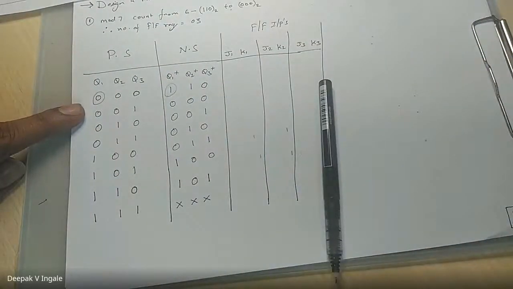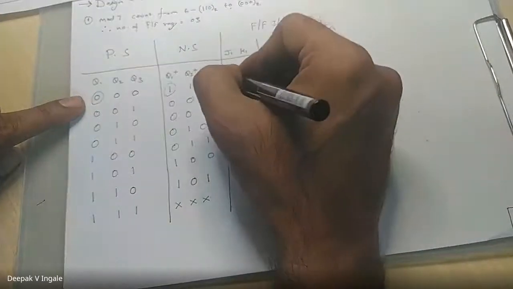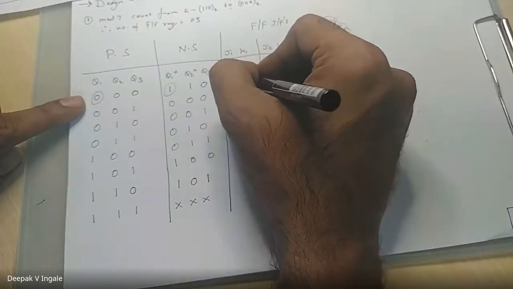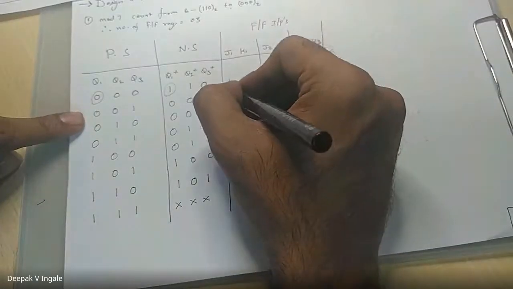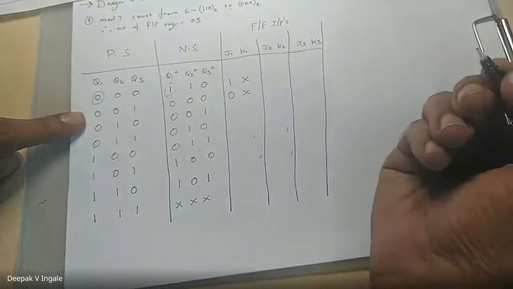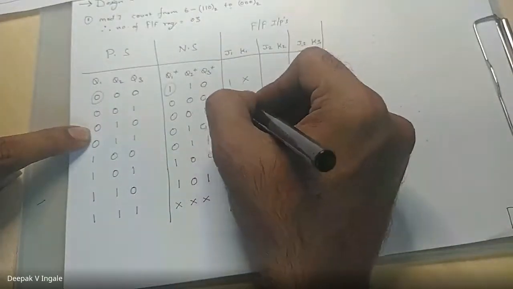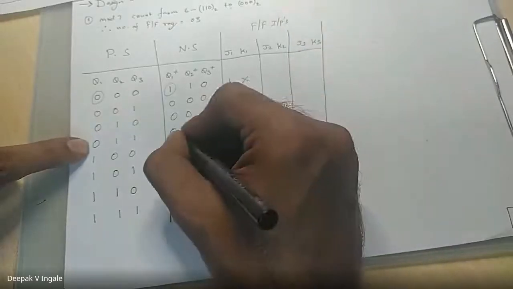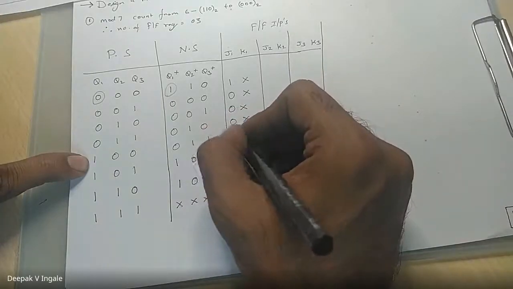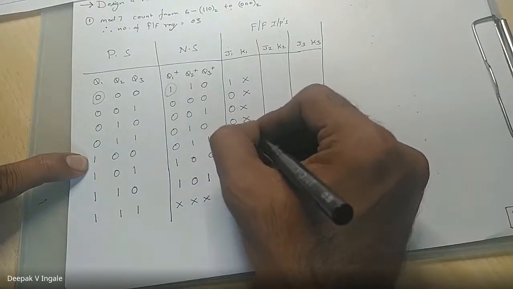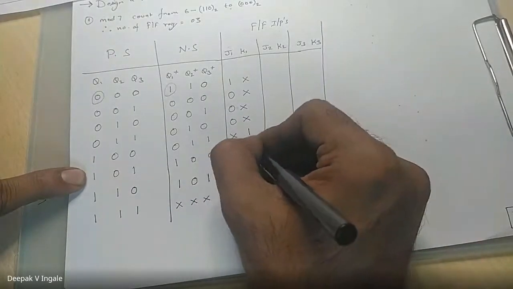If it is 0 1, the excitation input should be 1, don't care. 0 0, it should be 0, don't care. 1 0 should be don't care 1. 1 1 should be don't care 0.